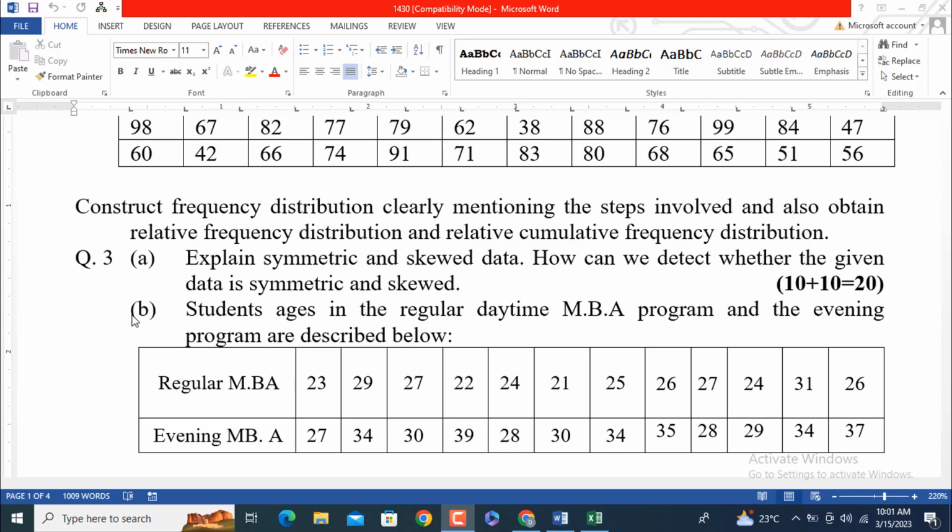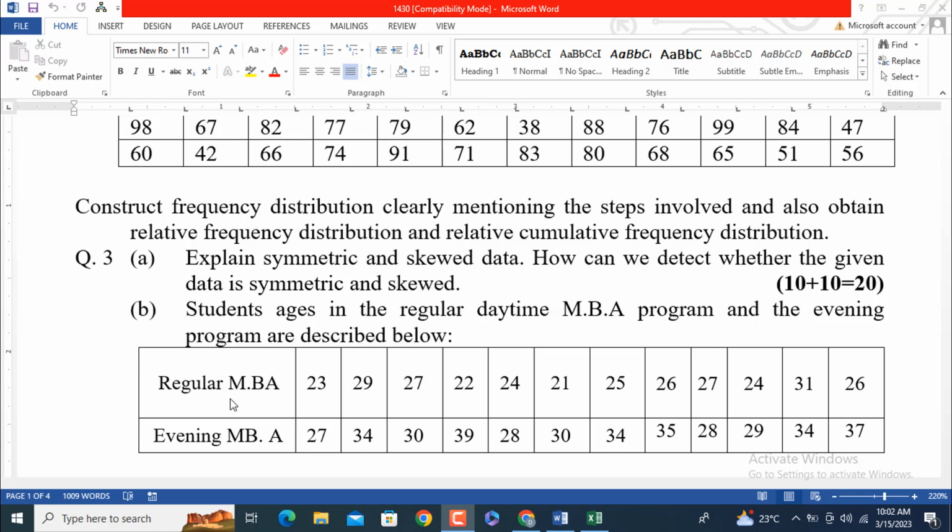Part B very well explains how you can write the answer of part A of question number 3. So, student ages in the regular daytime M.B.A program and the evening programs are described below. Regular M.B.A in the morning session and evening M.B.A in the evening section, as is clear from the labels of the two columns.